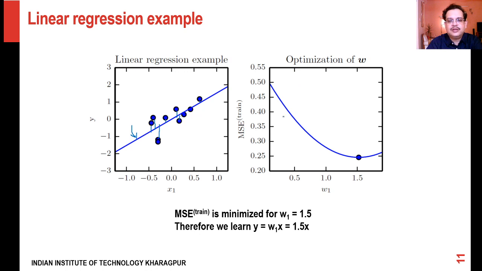And if you look at the plot of W1 versus the mean square error here, then this is the point where you get the minimum. So in this particular example, this W1 turns out to be 1.5. So then the function that we have learned is y is equal to 1.5x.